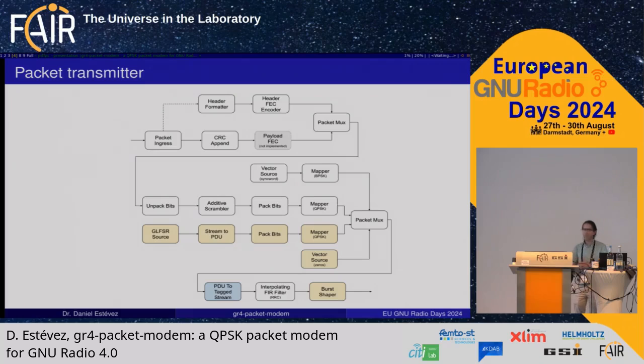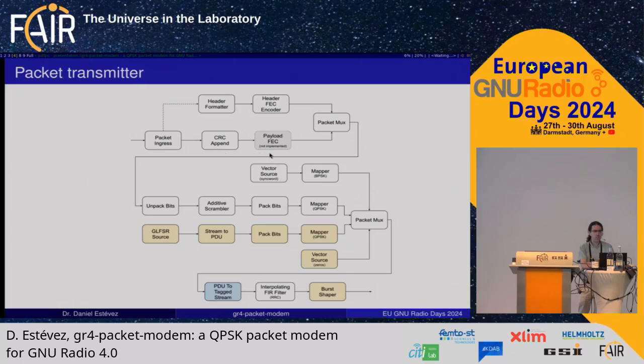So to go very briefly, packets come in here on the packet ingress. Then you send a message to this header formatter for each packet because you say, I need you to prepare a header for this packet size and perhaps for this packet type, for this modulation, whatever. And then you treat the header and the payload on separate tracks.